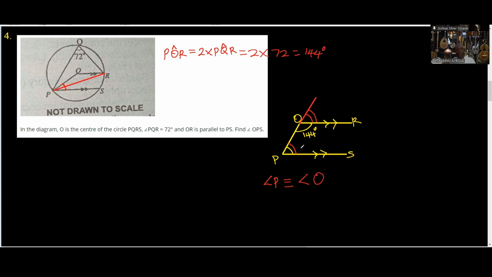So whatever this angle is, that is what this angle will be. Is that clear? Hence, I can say angle OPS that we're looking for equal to 180 minus 144. So what is 180 minus 144?